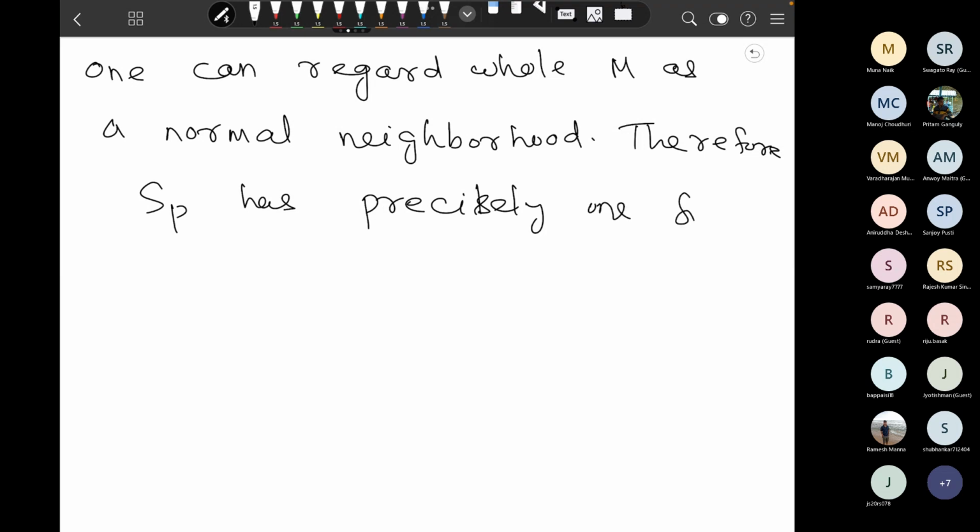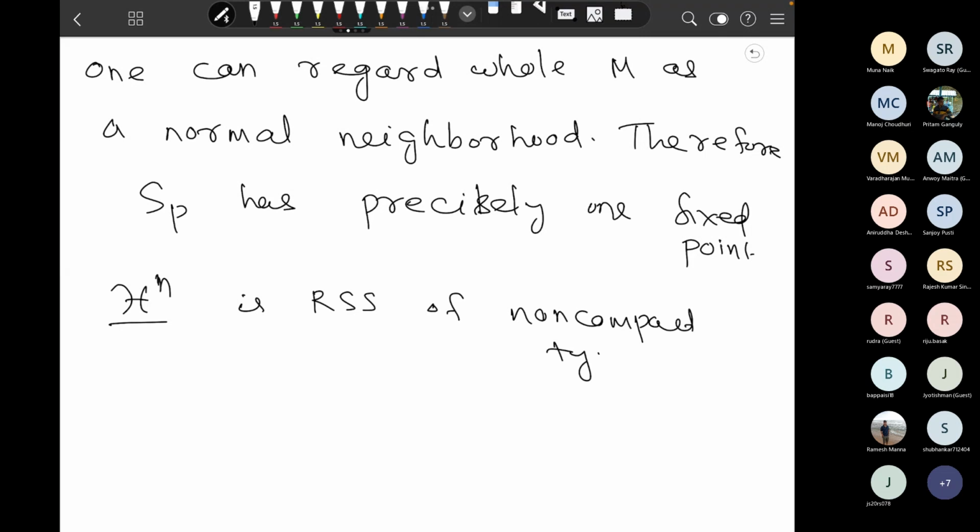So you can check this in the case of H^n. H^n is a symmetric space of non-compact type. Now let P belong to H^n.